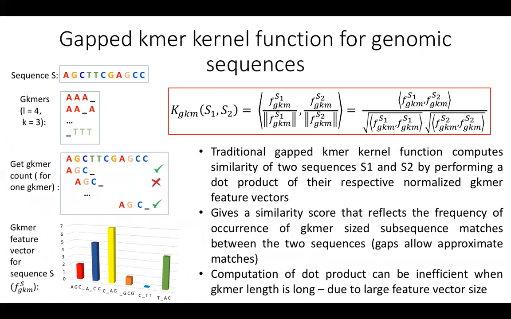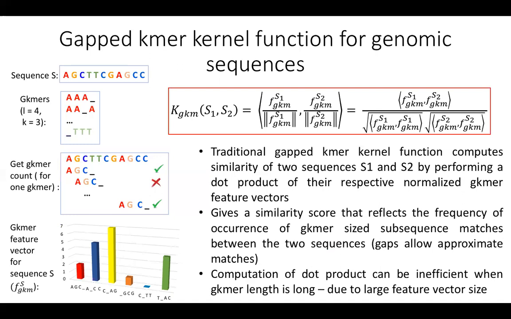In this slide, I'll cover the gapped-kmer kernel function for genomic sequences. So, like I said in the previous slide, the key goal here is to find a kernel function that computes the similarity between an input point and a support vector. In the case of genomic sequences, the input point and support vectors are nothing more than genomic sequences, and we need to find a way to get the similarity between two genomic sequences.